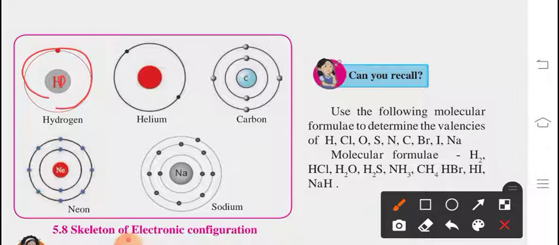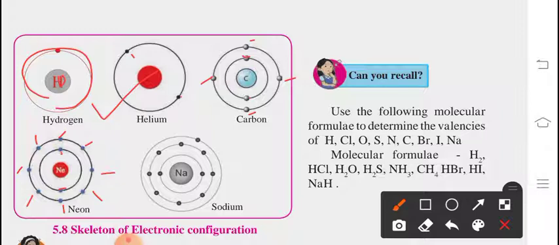For helium, the electron number is 2, so we can represent it this way. This dot represents the number of electrons. For carbon, 2, 4, that means first orbit 2 electrons and second orbit 4 electrons. For neon, 2 electrons in the first orbit, and in the second orbit 1, 2, 3, 4, 5, 6, 7, 8.